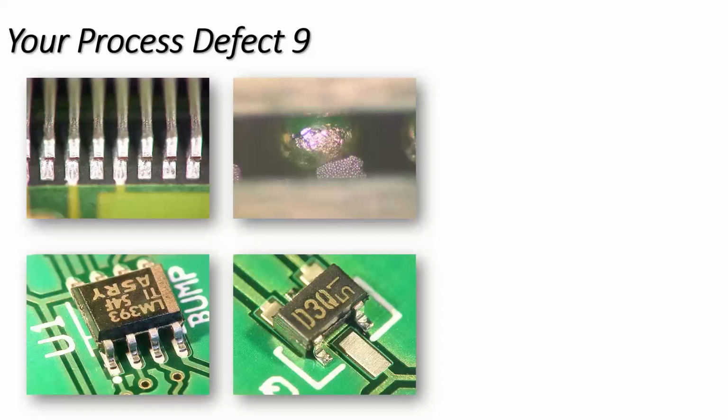Okay, next question: is it correct that with N2 nitrogen atmosphere, voids are harder to escape due to higher surface tension? I personally don't believe that. If you take a product which is running in air and then a product which is running in nitrogen for the same solder paste, you will see differences, but I don't necessarily believe it's because of the surface tension and the escape of the gases.